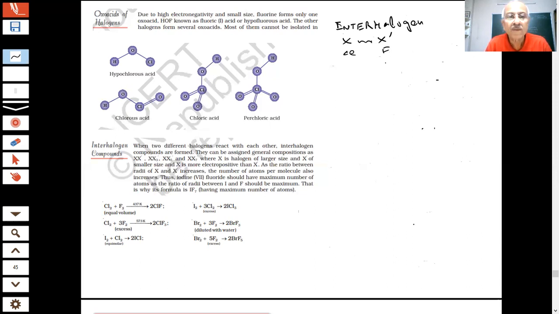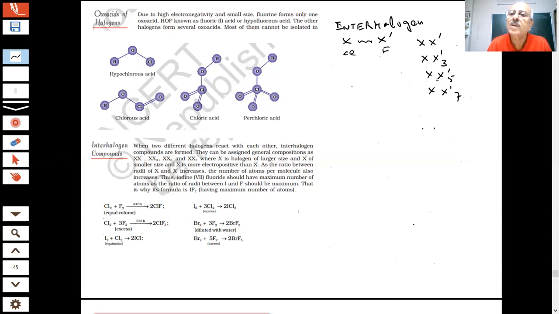Okay. And what we find is that usually we write them as X X dash. They form compounds like X X dash 3, X X dash 5, X X dash 7.